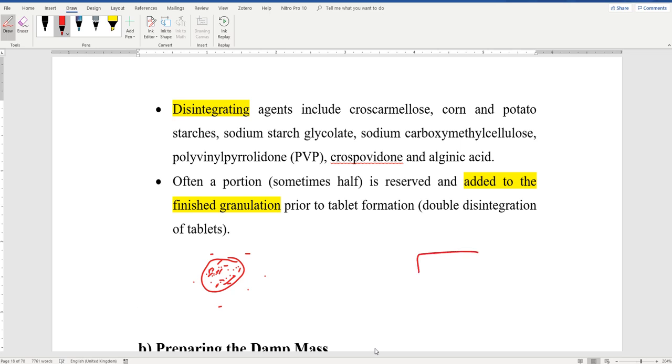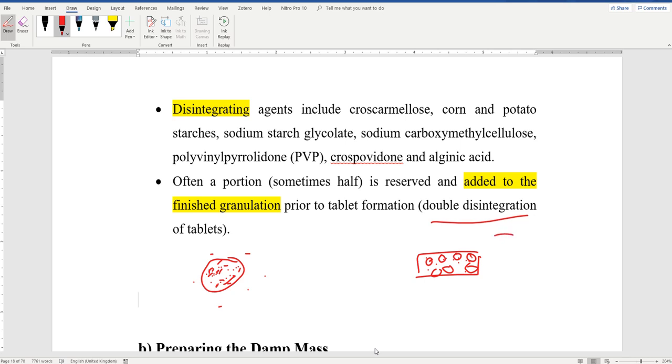So when I want to make a tablet, and this tablet is made of granules, and these granules are surrounded by, in addition of course to glidant, etc., disintegrating agent, and disintegrating agent is also inside these granules. What happens then? We get what we call double disintegration of tablet.